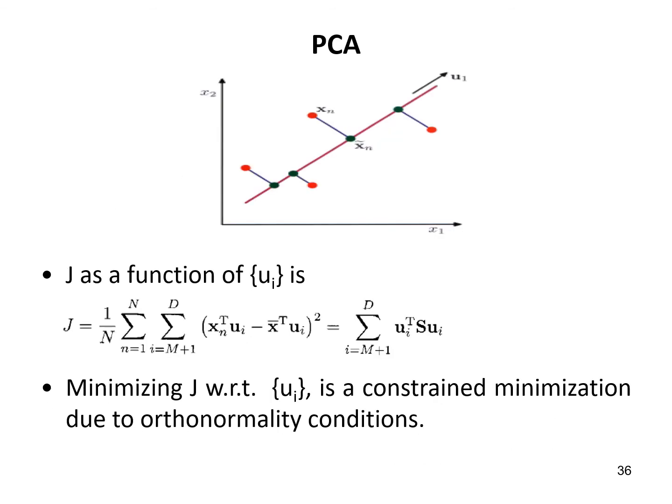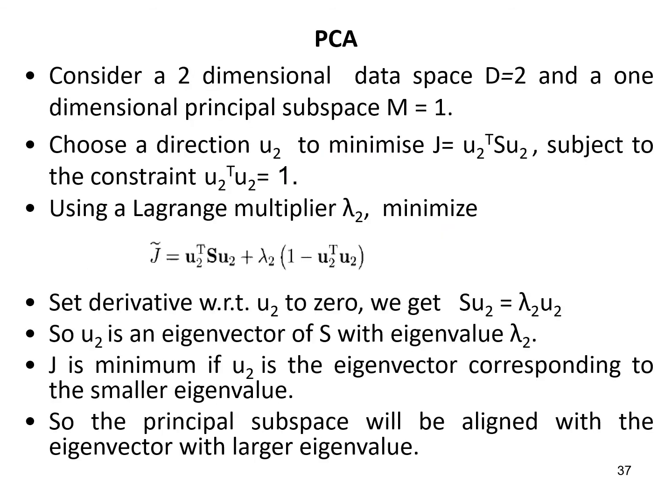J as a function of ui is given. Minimizing J with respect to ui is a constrained minimization due to orthonormality conditions. Consider a two-dimensional data space with d equal to 2 and a one-dimensional principal subspace with m equal to 1. Choose the direction u2 to minimize J equal to u2 transpose S u2 subject to the constraint u2 transpose u2 equal to 1.